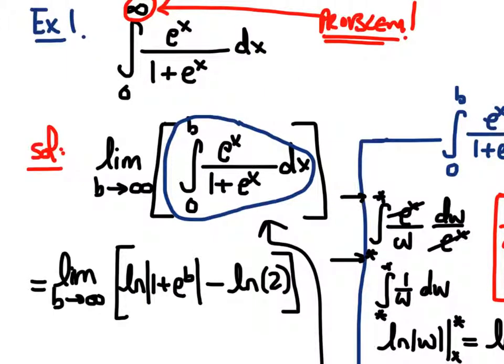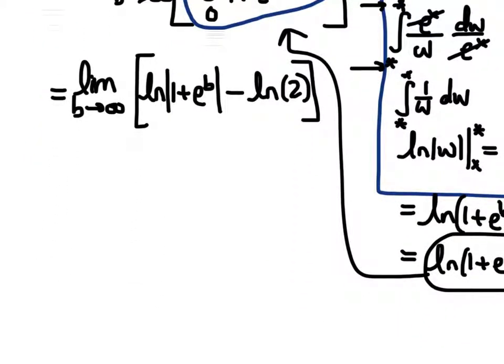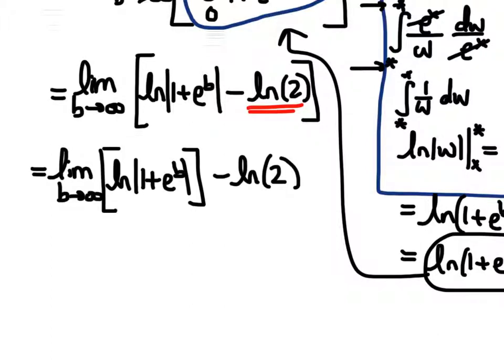Now we have to just take a limit. We look at this expression, the limit as b goes to infinity of these two pieces. We notice that ln of 2 is just a constant, so we can pull that out of the limit. Once we pull that out, it's easier for us to see what this does. If we were to plug infinity in, in a sense, e to the infinity is infinity, and ln of infinity would also be infinity.